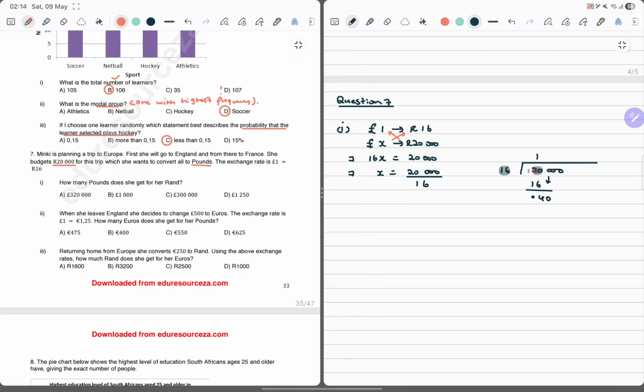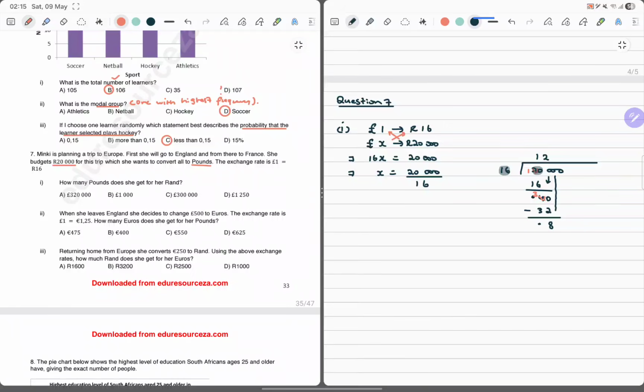Then 16 into 40, how many times? Yes, 2 times. 2 times 16 is 32. Again we borrow 1, and then 3 is left. 3 minus 3, 0. 10 minus 2 is 8.